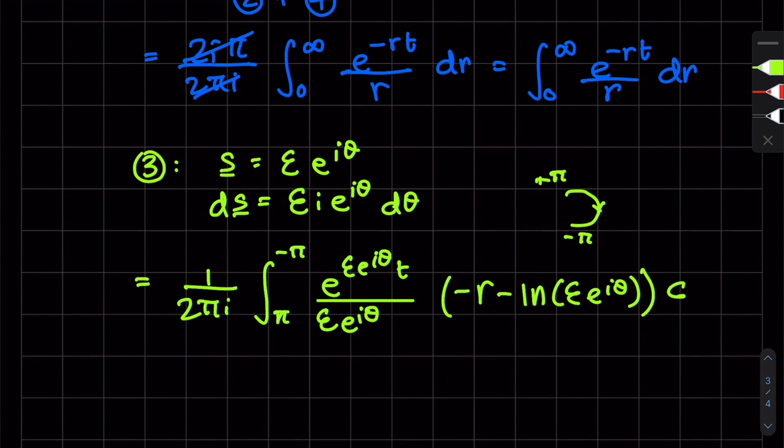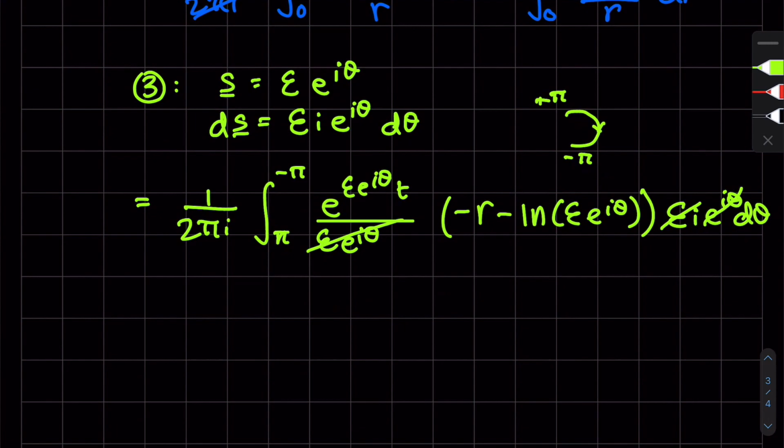And now we're going to have epsilon I e to the I theta d theta. This cancels with that, all of that. You can use a negative to flip the signs around. We'll have a minus pi to pi.